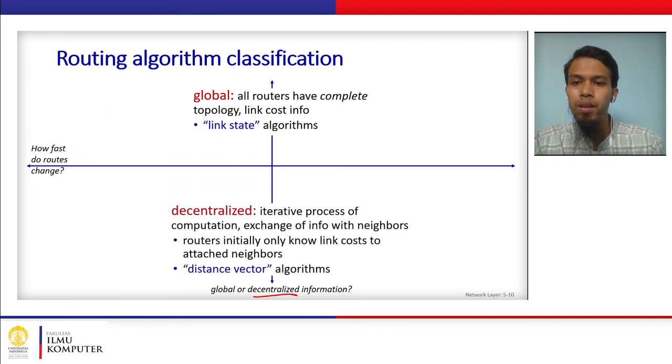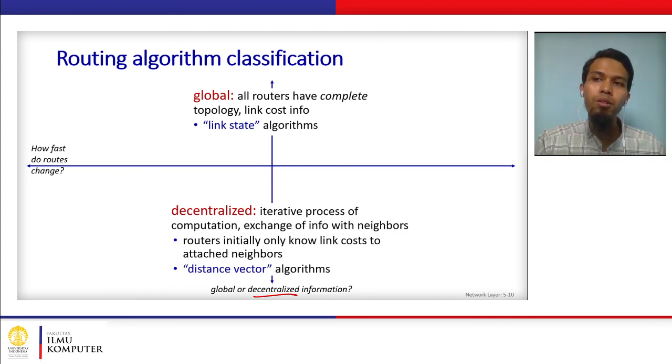Then we have the decentralized algorithms. In this classification, each node doesn't have the complete topology of the network, and it also doesn't have the information about all the link costs.